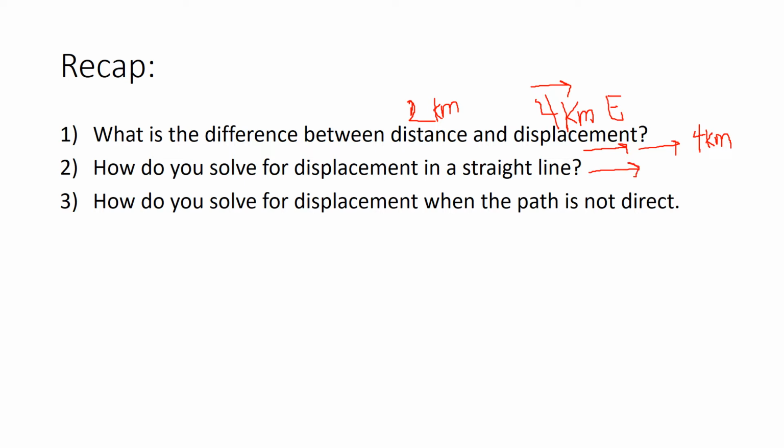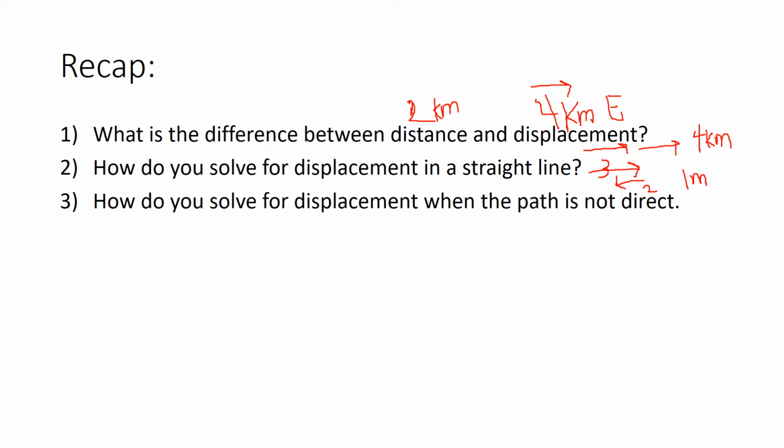Now, sometimes something goes one direction. Say something travels 3 meters this way, and then it comes back and travels 2 meters that way. Your total displacement would be just 1 meter, to the right or to whatever direction is given.